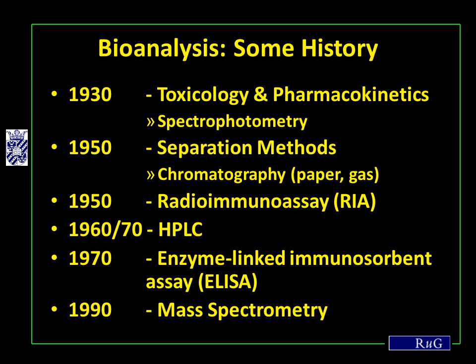You will hear more about this in a later part of this lecture. Finally, two powerful methods, HPLC and mass spectrometry, have been combined to so-called liquid chromatography mass spectrometry, which is to date the most powerful combination in instrumental bioanalysis.